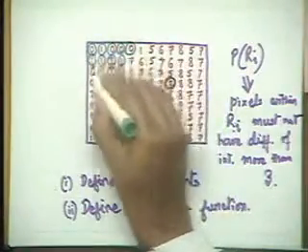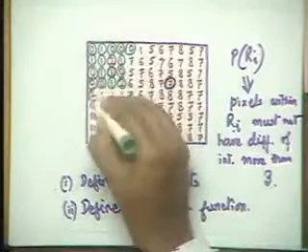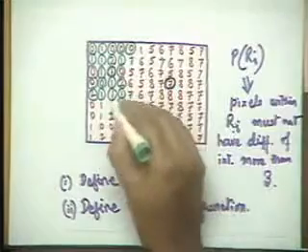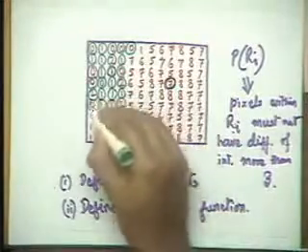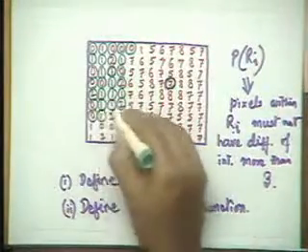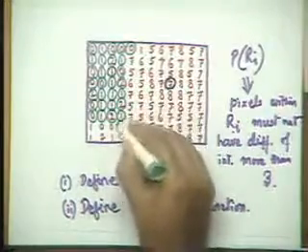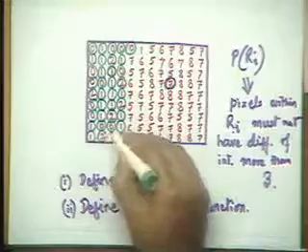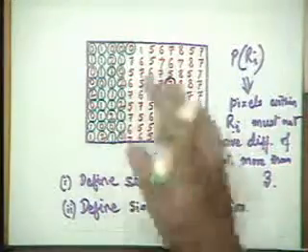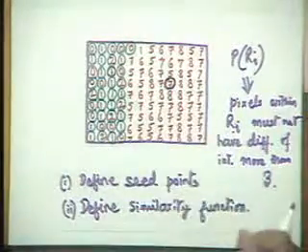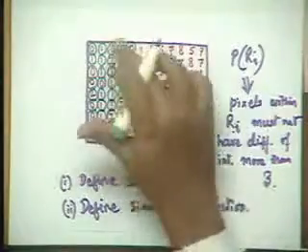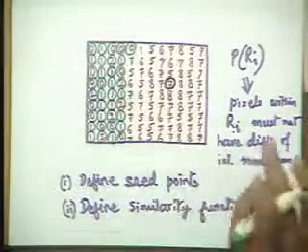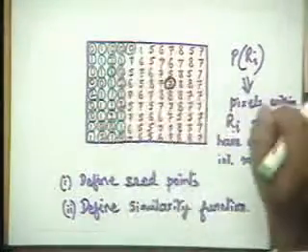But I can always club all the pixels which I am marking now. Through successive iterations of region growing, all these pixels will be grouped together as belonging to the region R1.